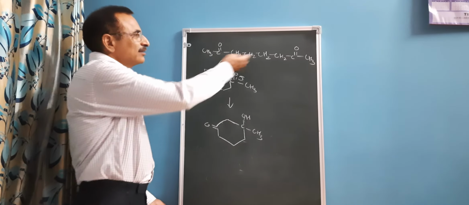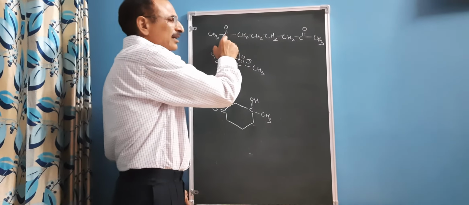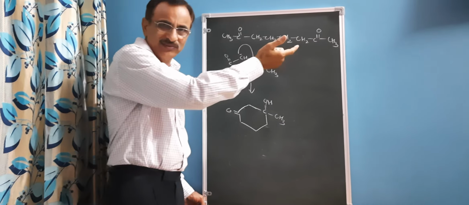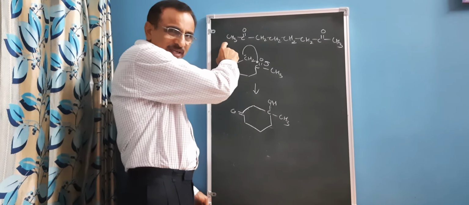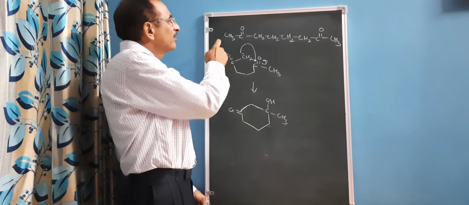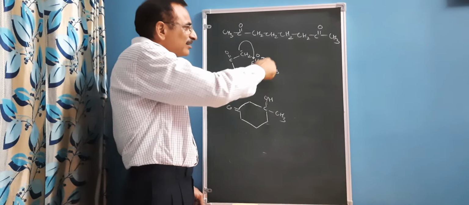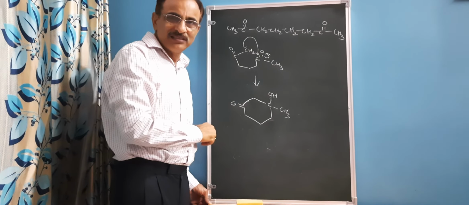Now we can see in complex, larger molecules also, here we have 2 ketones, it may be 1 aldehyde also. Whenever we have such a type of molecule, if there is an alpha hydrogen atom, under similar conditions, internal condensation takes place.